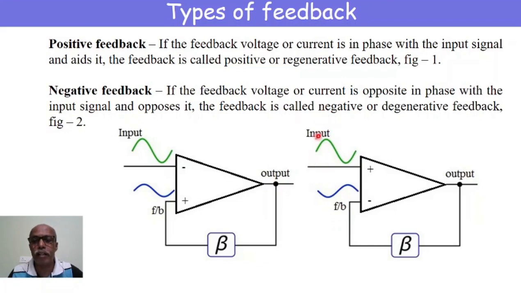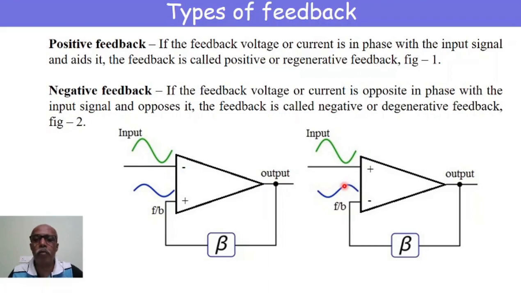Here it is the positive peak, exactly the feedback is in the negative peak. Similarly, if the input signal is a negative low value, the feedback is a positive high value.